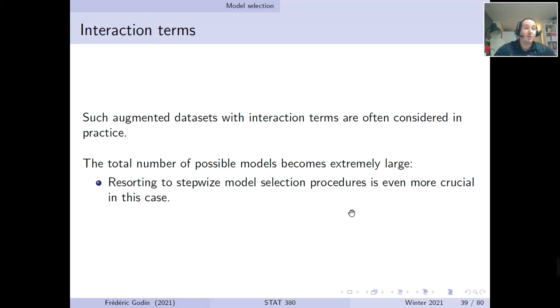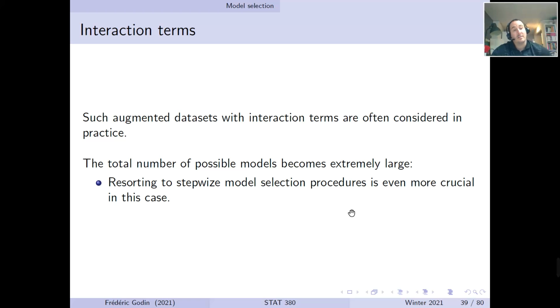Instead of having p predictors, you have something of order p squared predictors by considering predictors 2 by 2. If p is equal to 100, p squared would be 100 times 100, so 10,000 predictors.